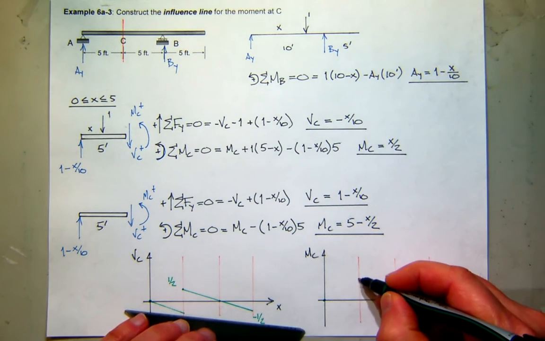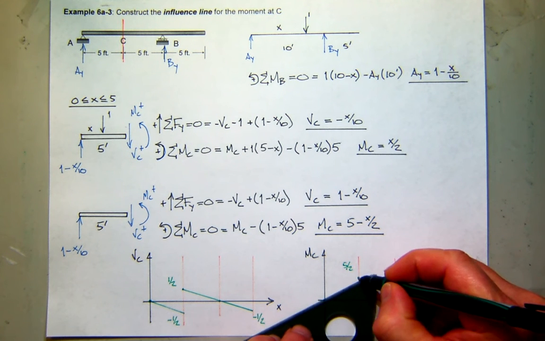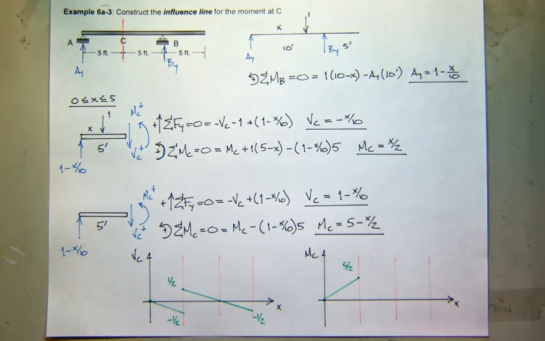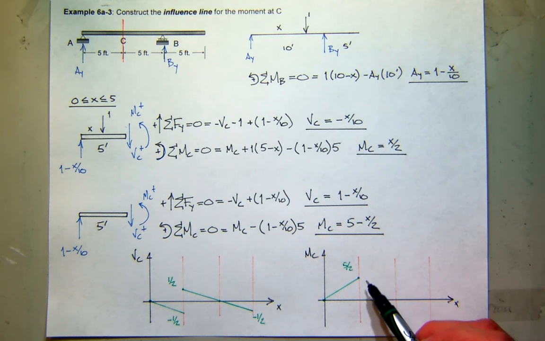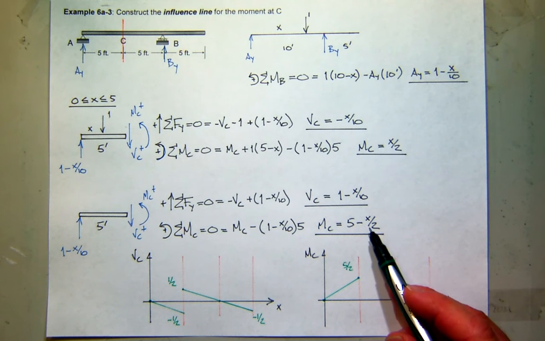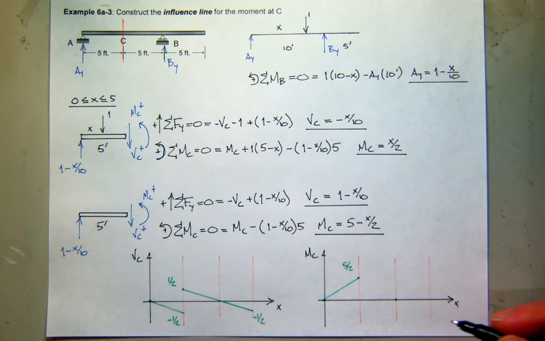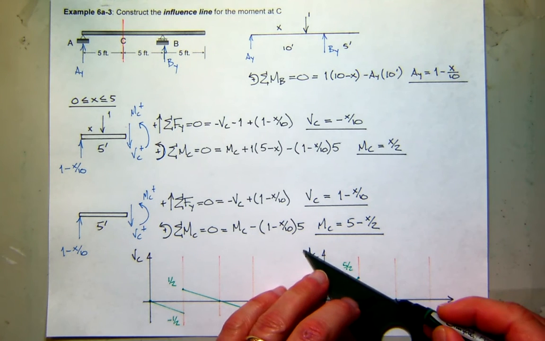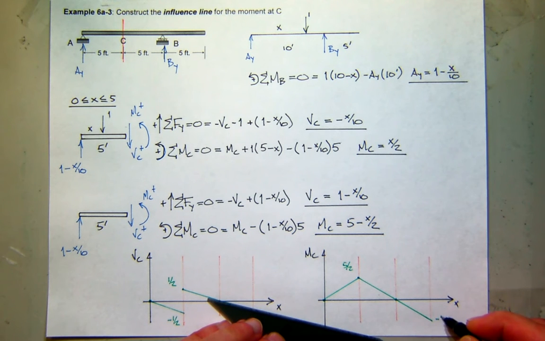At x equals 5, it is 5 over 2. Then I go to this equation. I put in x equal 5, I get 5 over 2. I put in x equal 10, I get 0. I put in x equal 15, and I get negative 5 over 2.